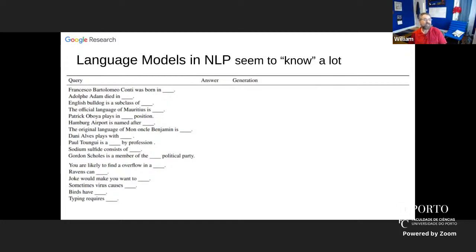The first question here is: Francesco Bartolomeo Conti was born in blank. I don't know if you know the answer to that question. I don't know the answer. If we weren't on Zoom, I'd ask people to shout out an answer just to break the monotony of listening. I'm not going to ask people to post things in the chat.